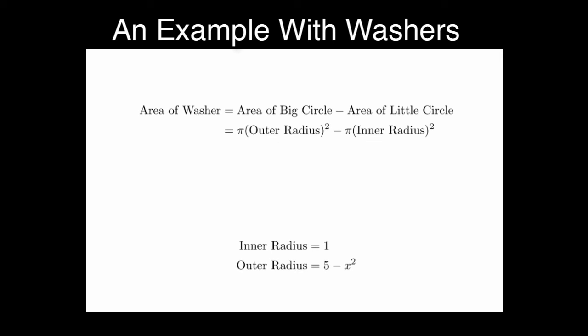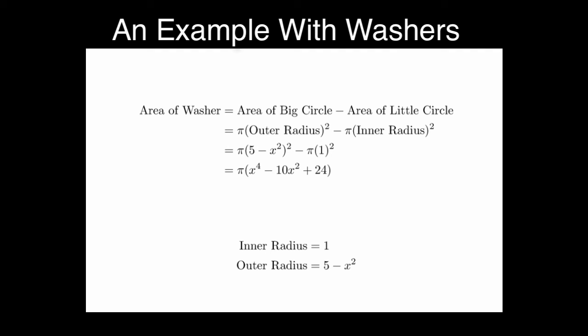In this problem, our washer has inner radius 1 and outer radius 5 minus x squared. So, the cross-sectional area, A(x), will be equal to pi times (5 minus x squared) squared minus pi times 1 squared. Boiling this all down, we get pi times (x to the 4th minus 10x squared plus 24).